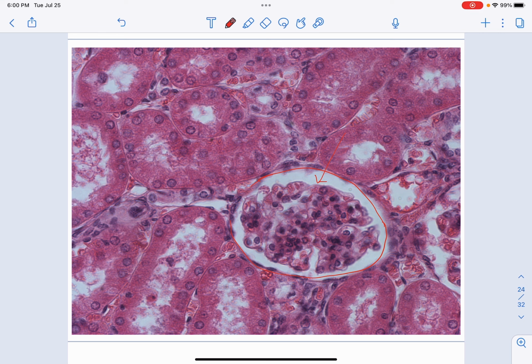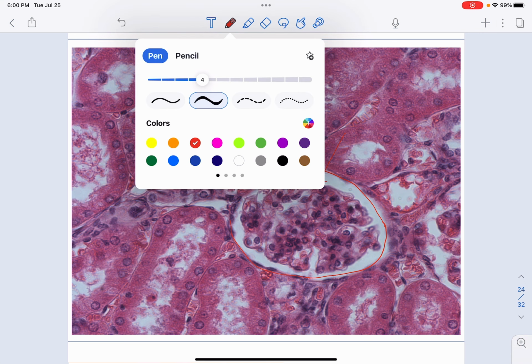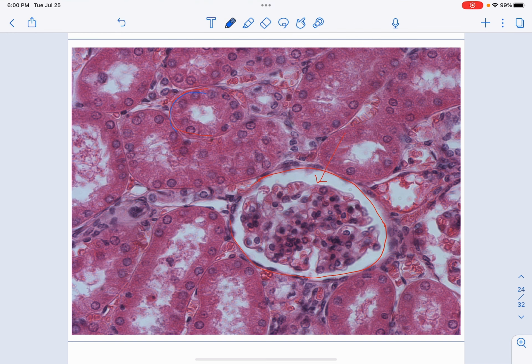Hopefully you'll be able to make this out. These round structures right here, you'll see a lot of these. These are cross sections of those proximal and distal tubules. So that's what you're seeing on the outside. You see a lot of the tubules, but sometimes, if you're lucky, you can make out the glomerulus.